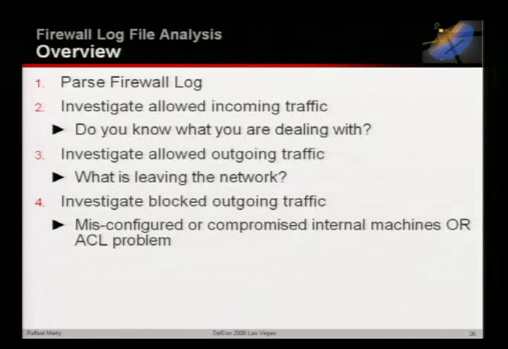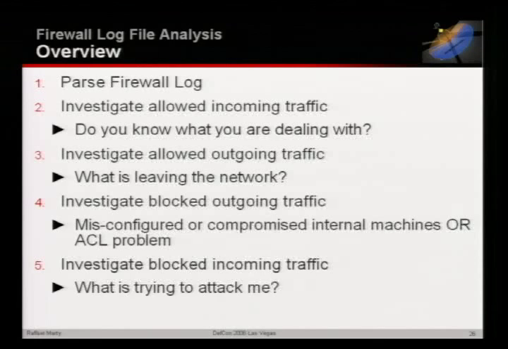So if you have ever set up a firewall yourself and nothing worked anymore, you might have blocked ICMP and it doesn't do path MTU discovery anymore or something like that. So communication is gone, especially in the older DSL worlds. And then if you're brave, you can also try to visualize or analyze the traffic that is blocked from coming in. And you will see all kinds of things in there.